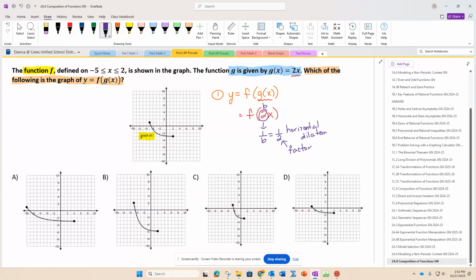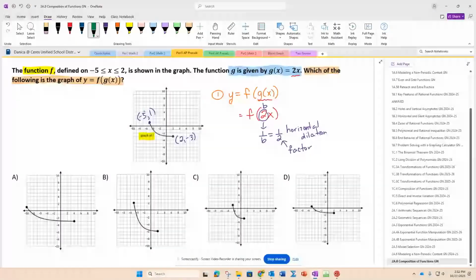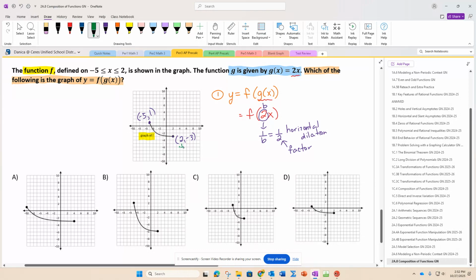So what's happening here, let's take these two endpoints. That is a negative 5, 1, and this one is a 2, negative 3. Each of those x's is going to be multiplied by the factor of 1/2. So we take 2 times 1/2, which is 1.